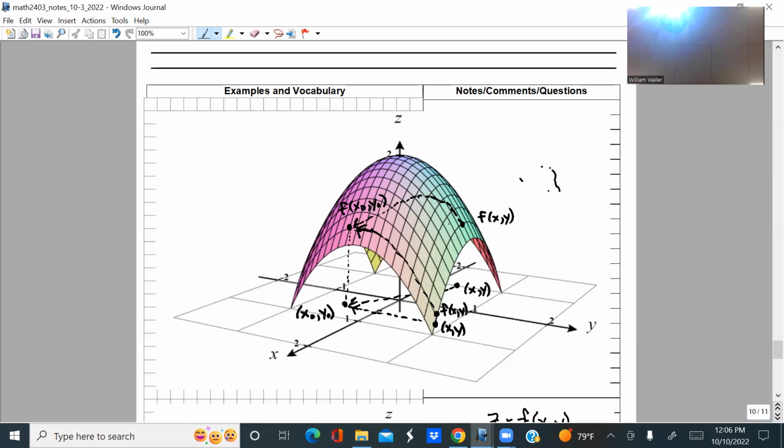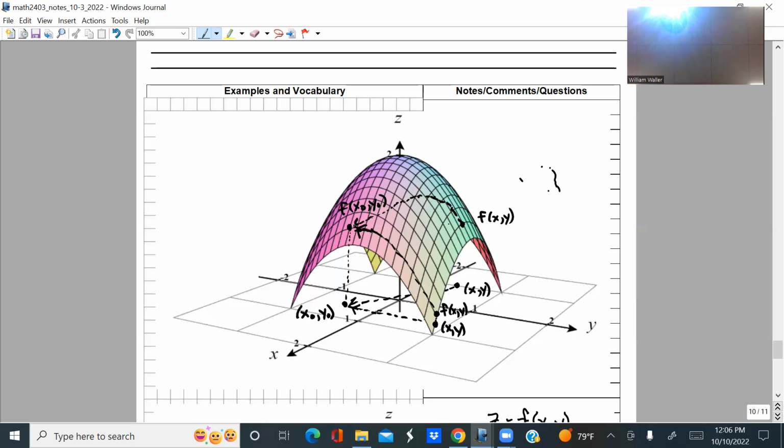So for the function to be continuous, what do we want to be the case? As these points are approaching the point x sub 0, y sub 0, what do we want the output values to be approaching? Also, the output from x sub 0, y sub 0. Is that happening here in this picture? Does that look like what's happening? Yeah. As these points are approaching x sub 0, y sub 0, aren't these points on the surface also approaching f of x sub 0, y sub 0?